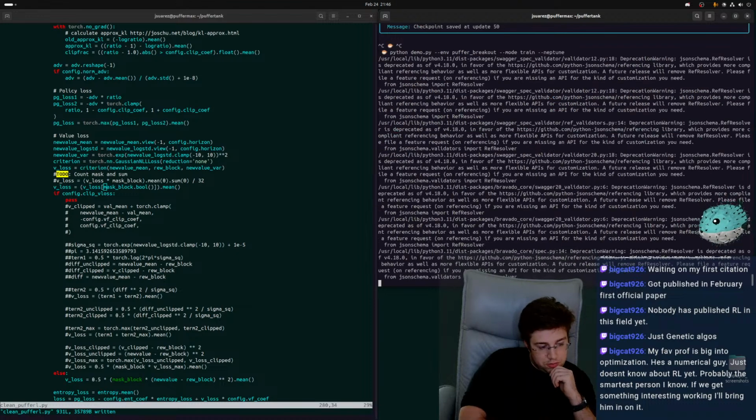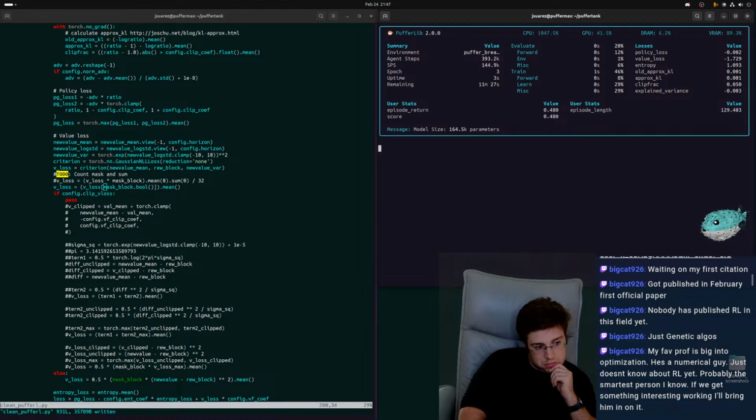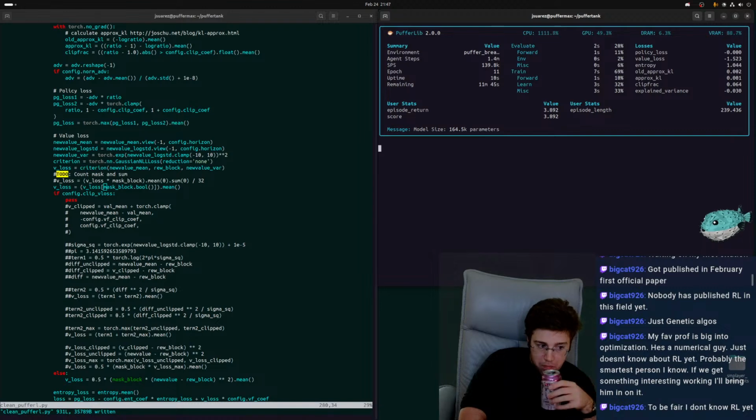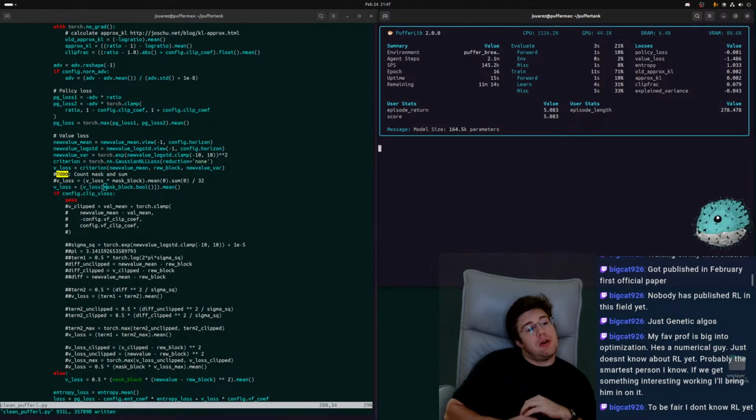Numerical guide, doesn't know RL. The thing about RL is you can know the math way better than I do, and the engineering will still bite you.